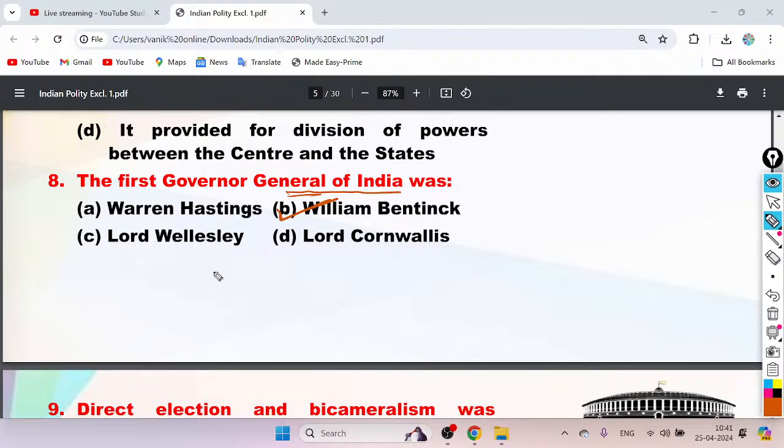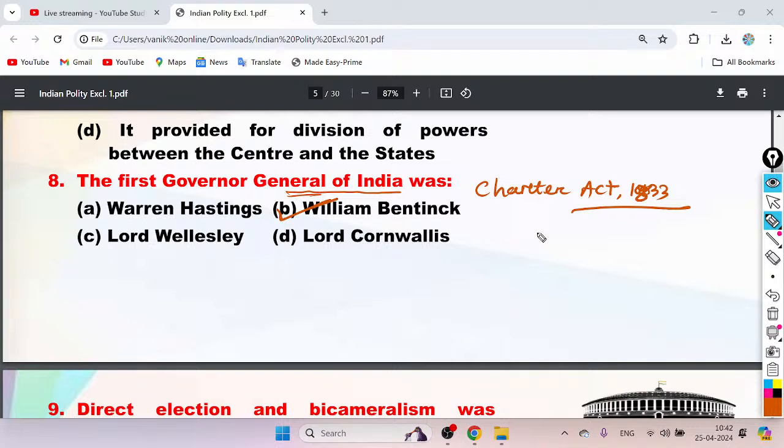Lord William Bentinck became the first Governor General of India under Charter Act 1833. In fact, Charter Act 1833 introduced the office of Governor General of India, and it is rather a culmination of the centralization process which began in the Regulating Act 1773.